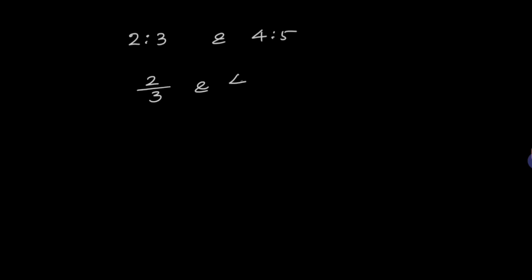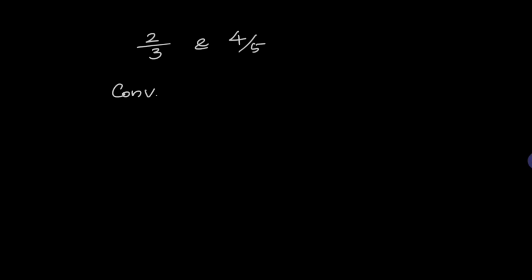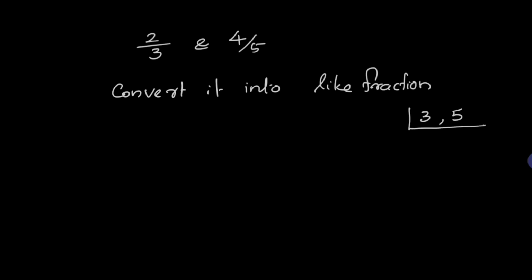Converting to fractions, 2:3 and 4:5 are nothing but 2/3 and 4/5. For comparing these fractions, first we have to convert them into like fractions. In order to convert into like fractions, first we have to find the LCM of the denominators 3 and 5.